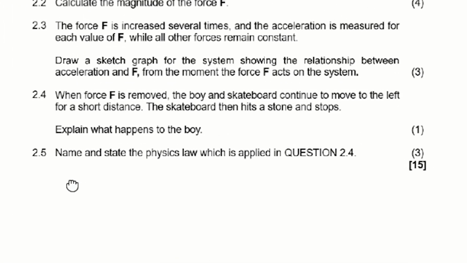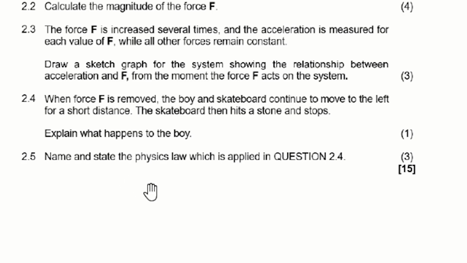So in 2.5, they say name and state the physics law which is applied in question 2.4. Now the physics law that is applied in 2.4 is Newton's first law. Newton's first law states that a body will remain at rest or in motion unless a net non-zero force acts on it.